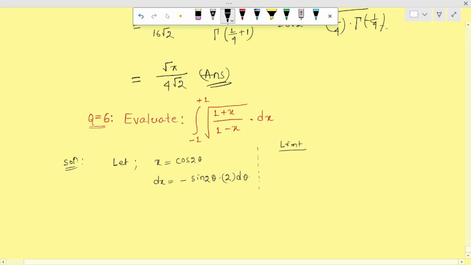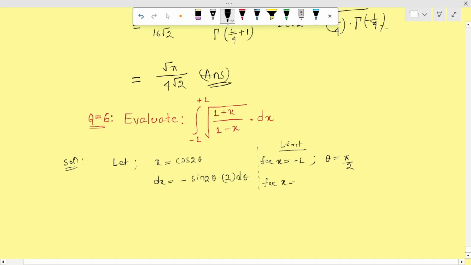So if I substitute x equal to cos 2 theta, then let us see what the new limit is. For x equal to -1, when x approaches -1, then what will theta be? Here I'm going to explain. See, if I put theta as pi by 2, then this will be cos 2 into pi by 2, or cos pi, which is -1, so theta will be pi by 2.